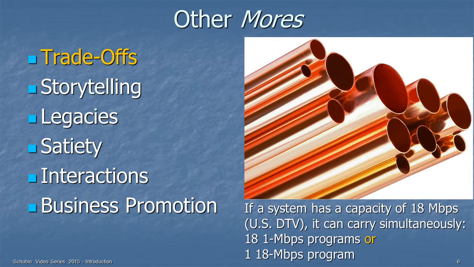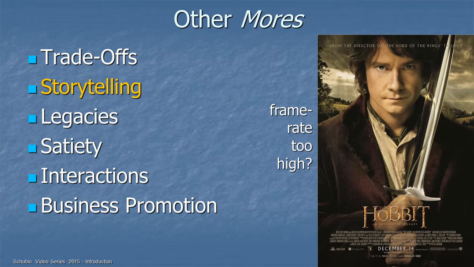Well, that means it could carry 1 million bit per second programs, or it could carry 18 million bit per second program, or any other combination in between. So there's a trade-off there between quantity of programs and quality of those programs, quality from a technical standpoint. Then there's issues of storytelling.